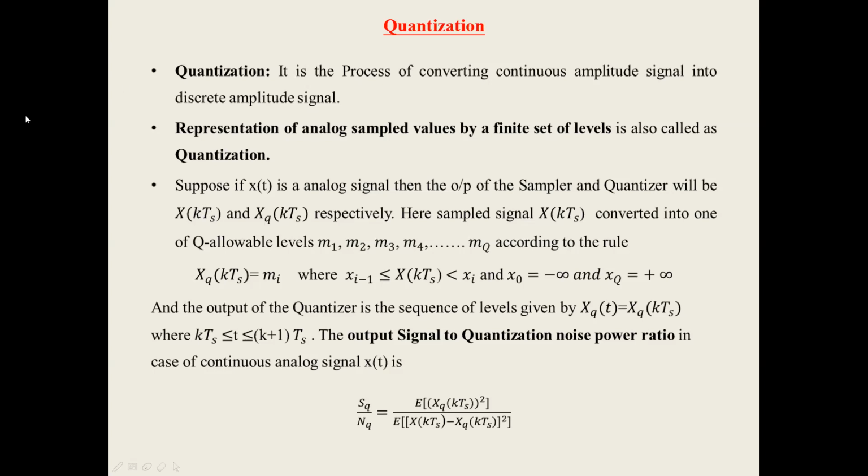So the X of T signal is sampled initially, and the sampled signal is X of KTS. After that it is passed to the quantizer. The quantized output will be XQ of KTS, where Q indicates the quantized output.